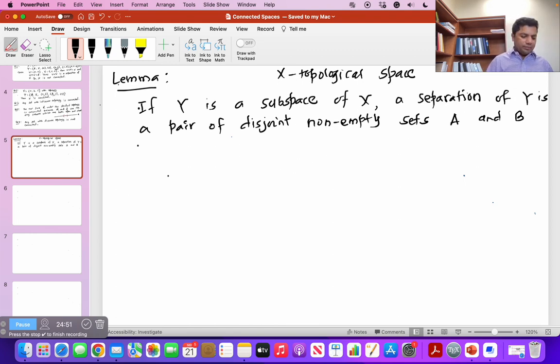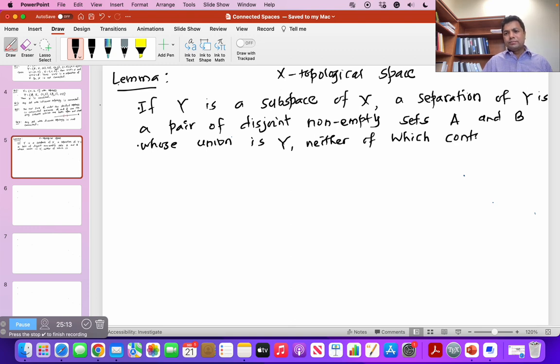whose union is Y, and neither of which contains a limit point of the other.